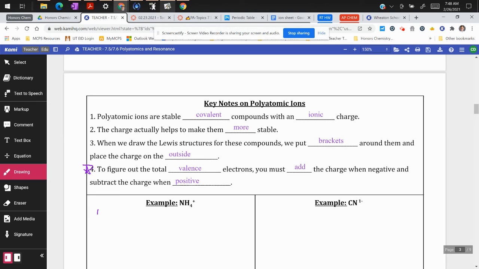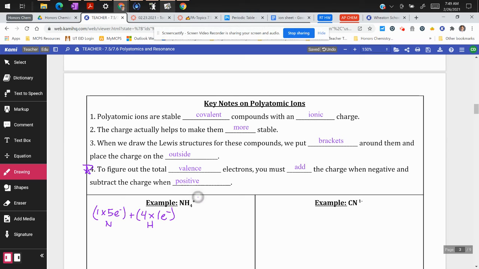Nitrogen normally has 5 valence electrons. So this is nitrogen. And then I have 4 hydrogen present times 1 valence electron. When I do this math, I get an odd number of electrons. That is problematic because I know that I need to satisfy my octet rule, which means 8 electrons. Anytime I have an odd number of electrons, something is usually wrong.